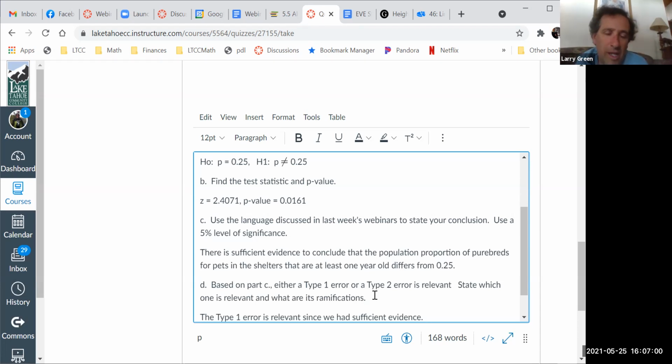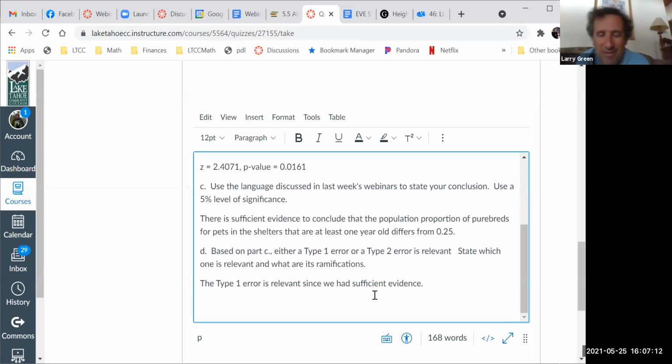So what damage is done? Okay, no one's going to die, probably. But what might happen? See if you can come up with anything that might happen because of a type 1 error.